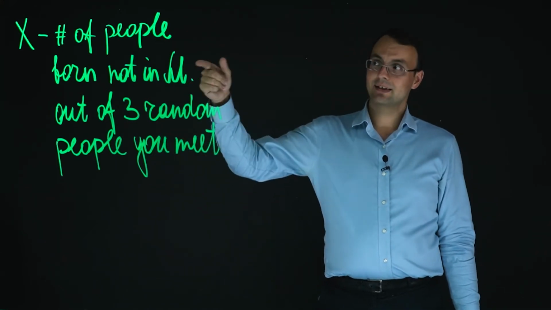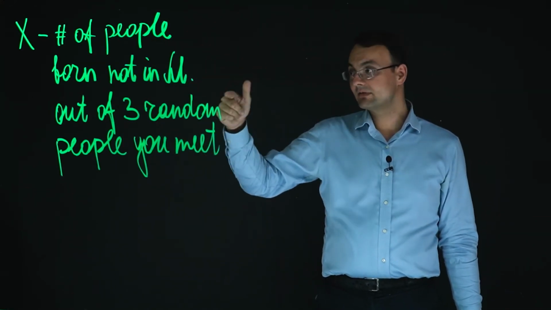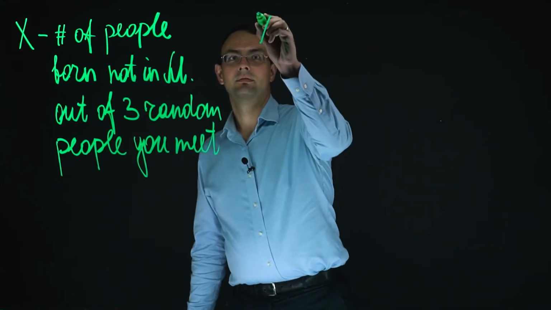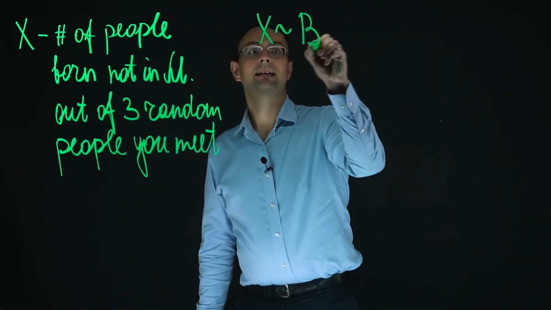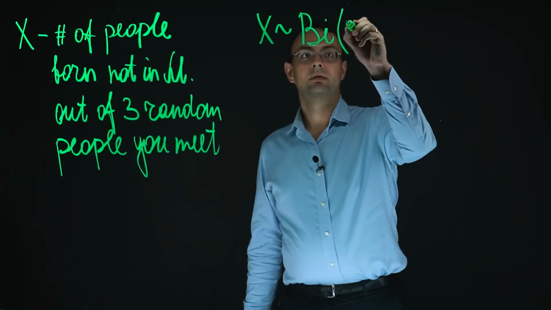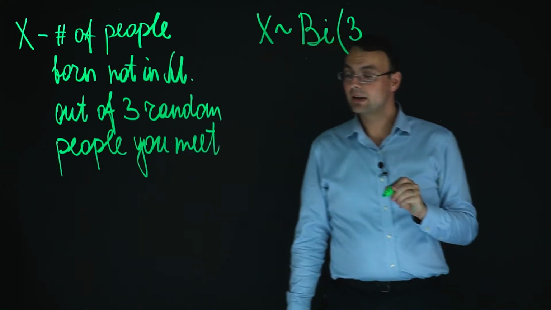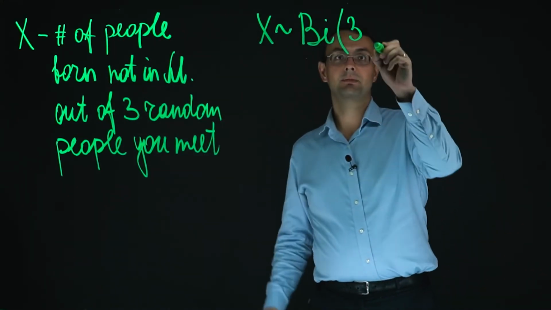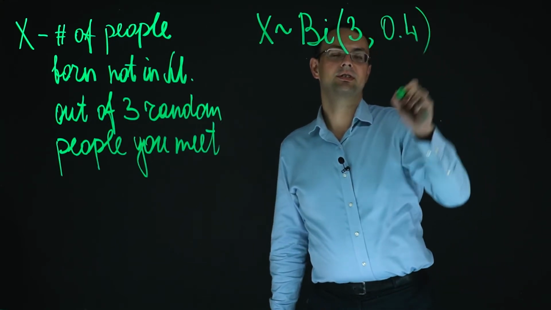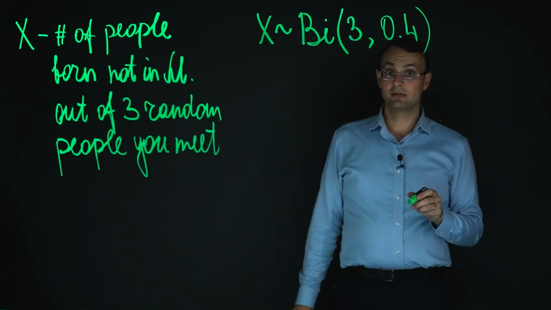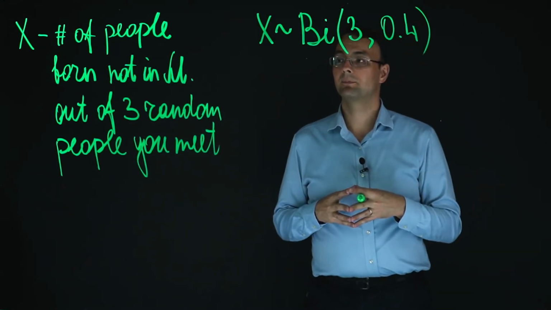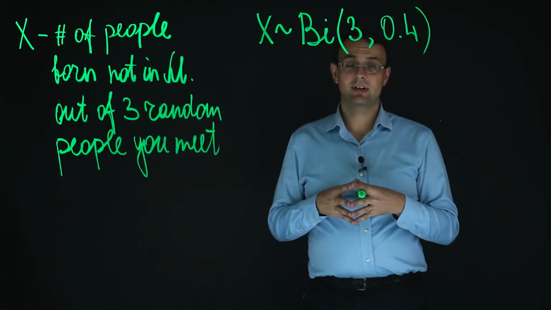So x is a number of successes in a series of 3 Bernoulli trials. So x follows binomial distribution with parameters 3, and the second parameter is 0.4, as we know that 40% of all Muscovites were born outside of the city.